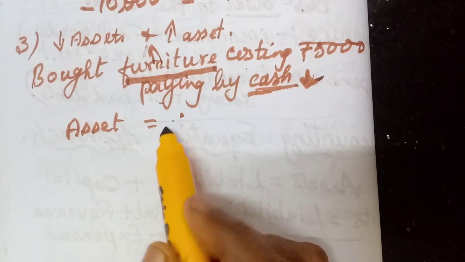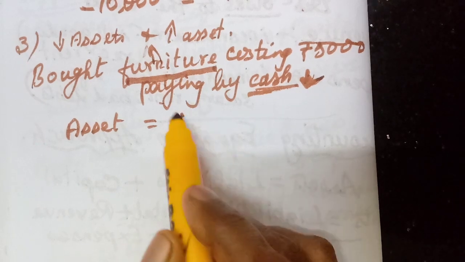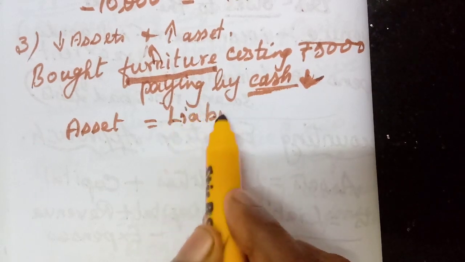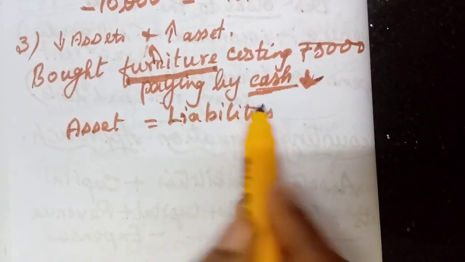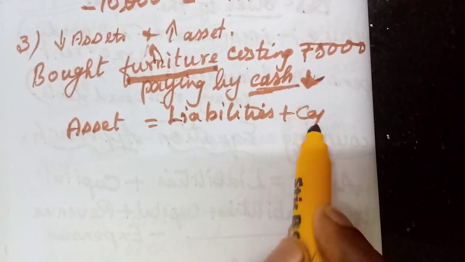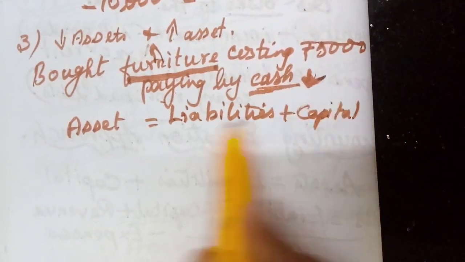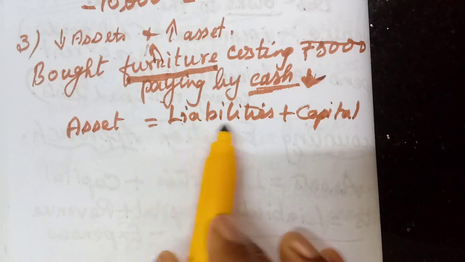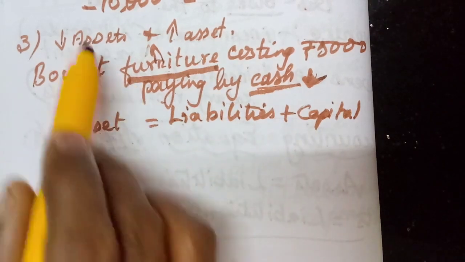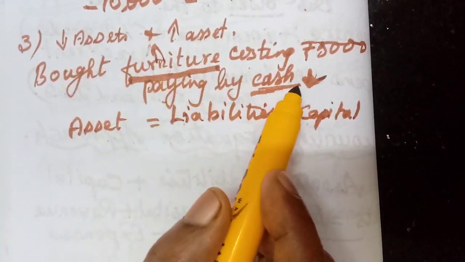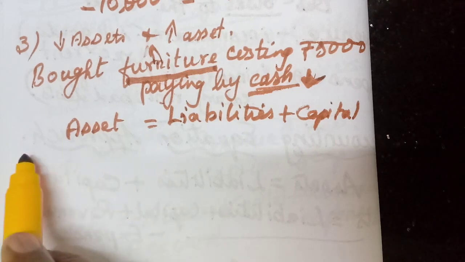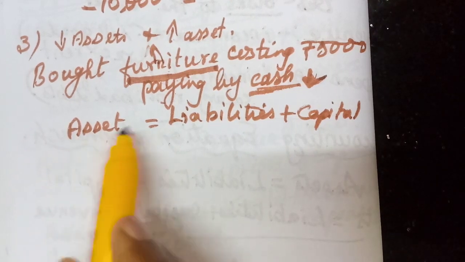Okay. Now asset is equal to liabilities plus capital. That is the accounting equation, isn't it? Now do not worry about the liabilities and capital because they increase one asset and decrease another asset. So here we should write asset side. What are the assets?